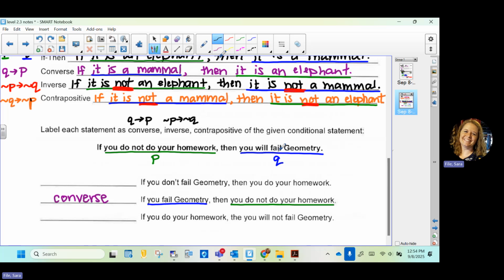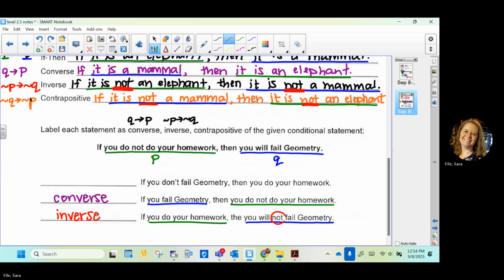Okay, and then the negation of you will fail will be you will not fail. So if you do your homework, then you will not fail. So there it is down there. That is the negation or the inverse. Okay, because we kept the order of the hypothesis and conclusion, but we said the opposite.